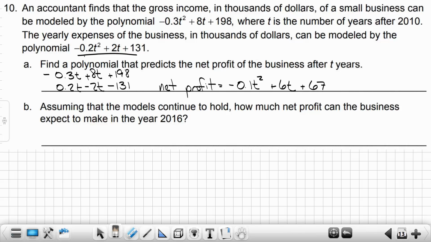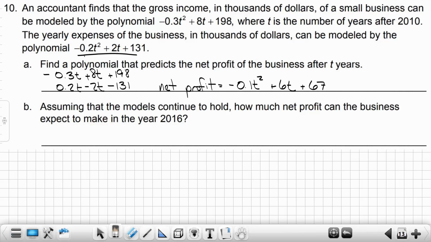Assuming that the model continues to hold, how much net profit can the business expect to make in the year 2016? What do I substitute? Beatrice? How do I solve this? What do I make T?